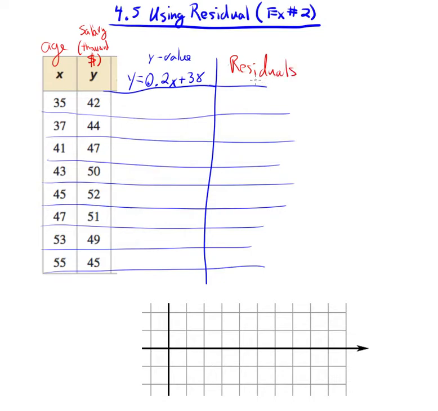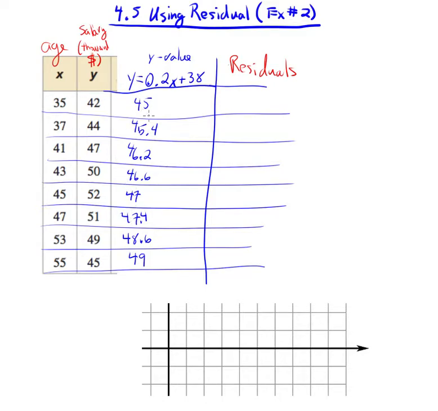All right, so when we calculate that, we get 45, 45.4, 46.2, 46.6, 47, 47.4, 48.6, and 49.